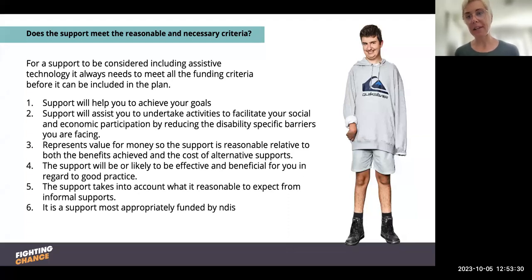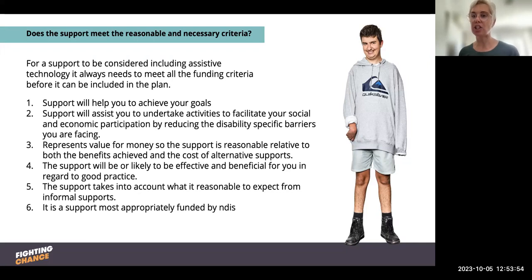And that the support is not duplicating the support that you are receiving informally. And that the support is most appropriately funded by the NDIS, which is something I said right at the beginning, so that it's not most appropriately funded by health or education or by the person's workplace.